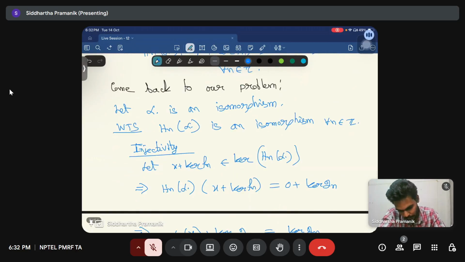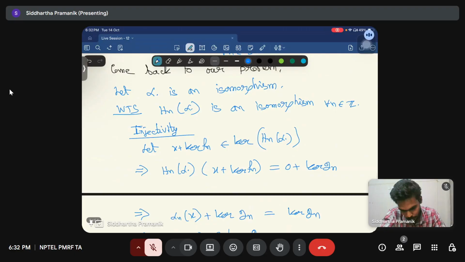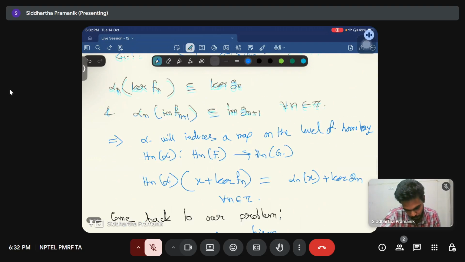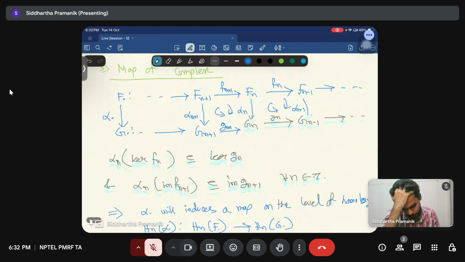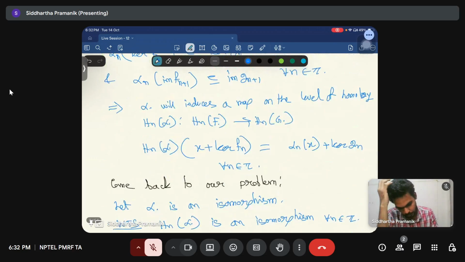So yeah, this is a little bit wrong. So this should be x plus image f_{n+1}. Yeah, I have written wrong here also. Yeah, so this is image f_{n+1}.